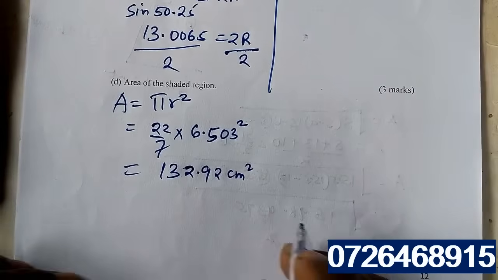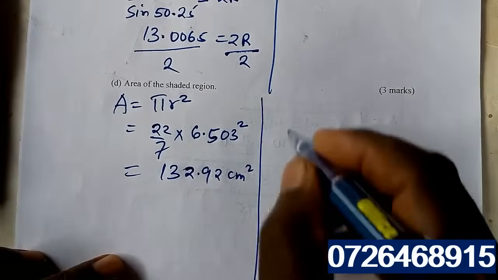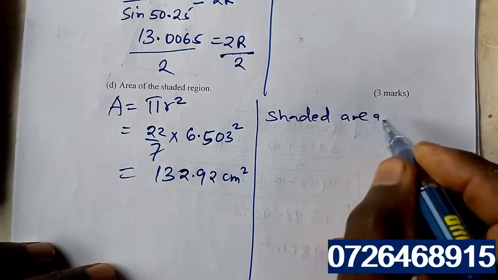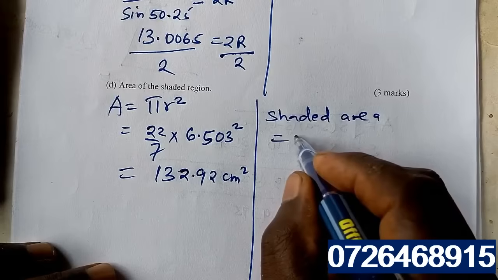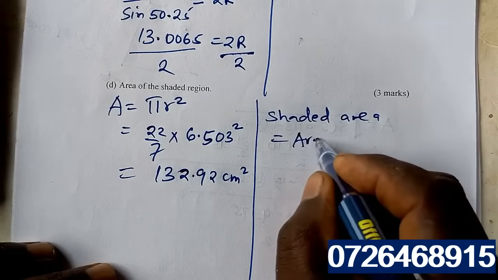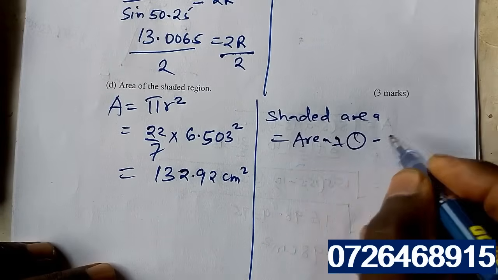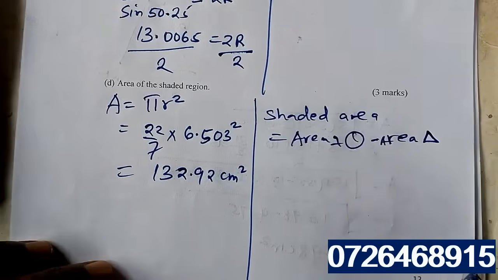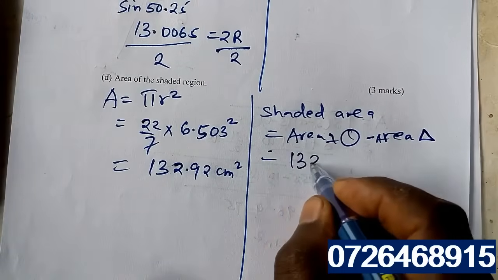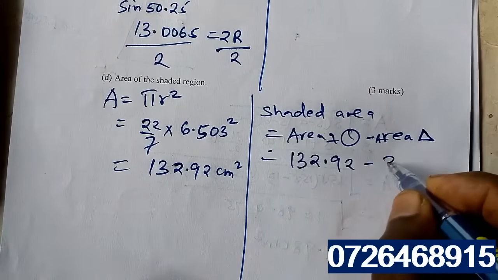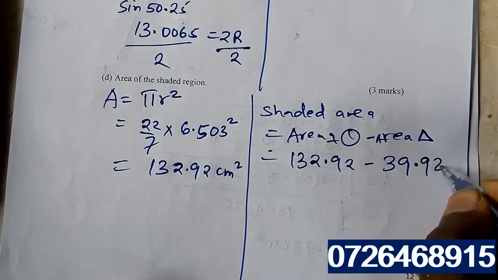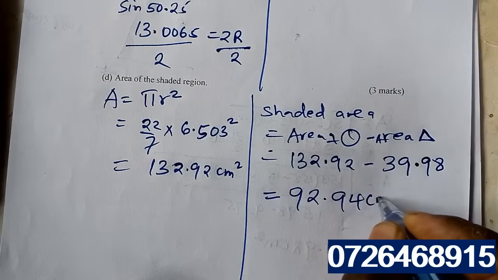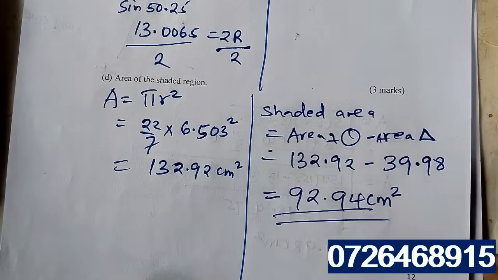So shaded area is equal to area of circle minus area of the triangle. And that one is 132.92 minus 39.98. So it will be 92.94 centimeters square. That is the area of the shaded region.